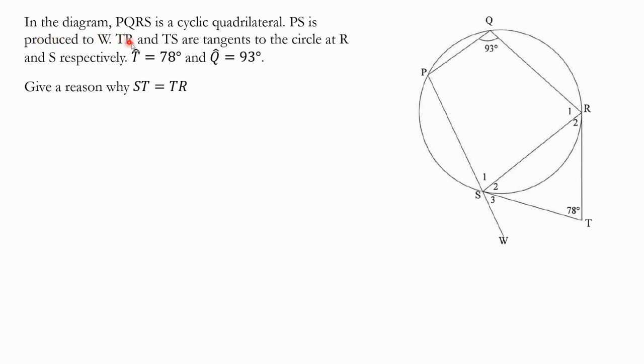In the diagram, PQRS is a cyclic quad. PS is produced to W, meaning PW is a straight line. Then TR and TS are tangents to the circle at R and S respectively.